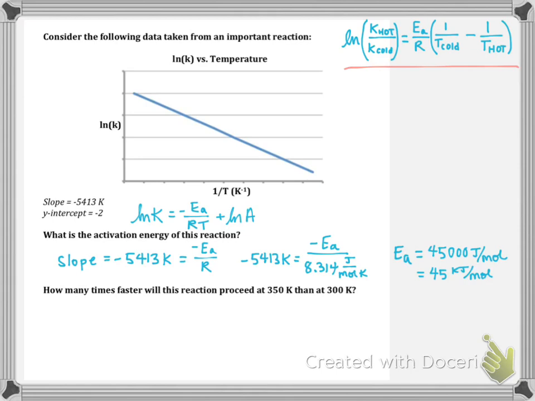And so when it says how many times faster will this go, what they're really looking for is the ratio of k hot over k cold. Okay, so we'll solve for this part inside of the natural log. And we figured out what activation energy is. R is a constant, and they give us temperatures, so we can just go ahead and plug in.